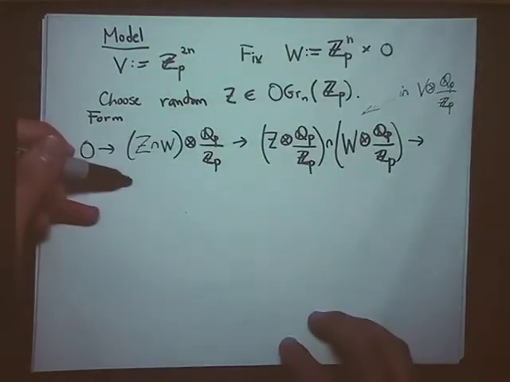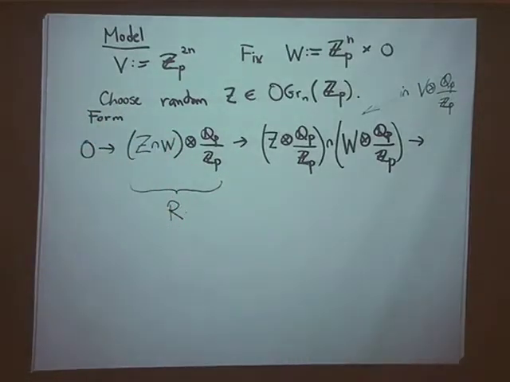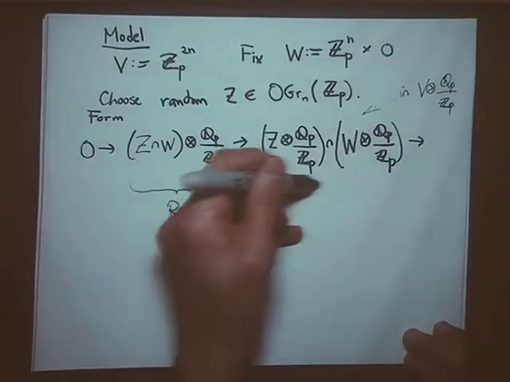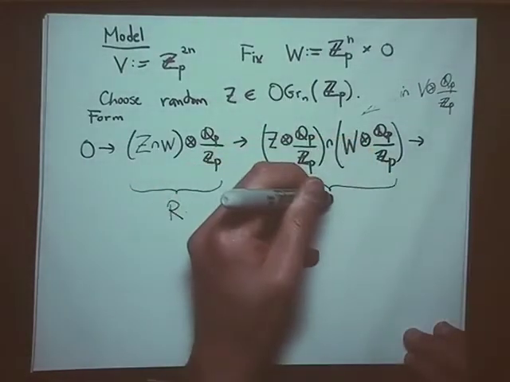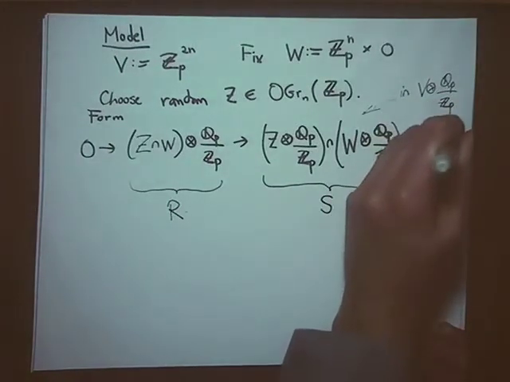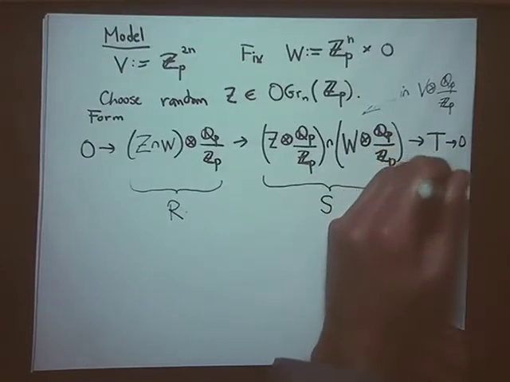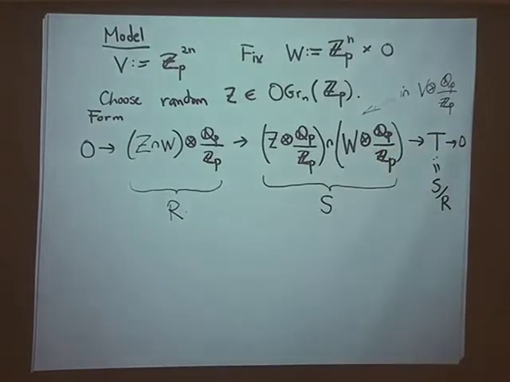So we'll call this one R, for rational points or rank. This one will be called S for Selmer group. And this one will be called T for a Tate-Shafarevich group. This is defined to be S mod R. So I just force it to become part of a short exact sequence.